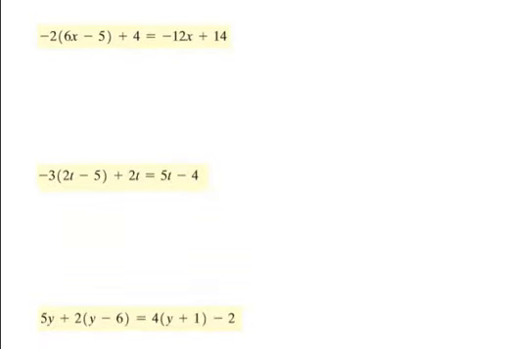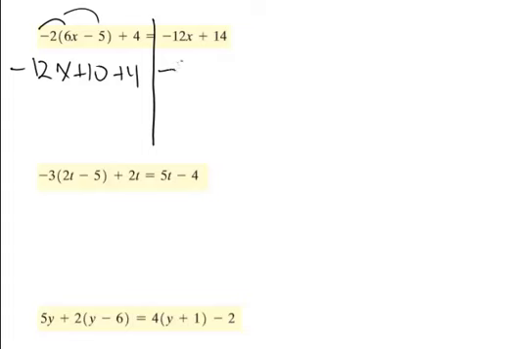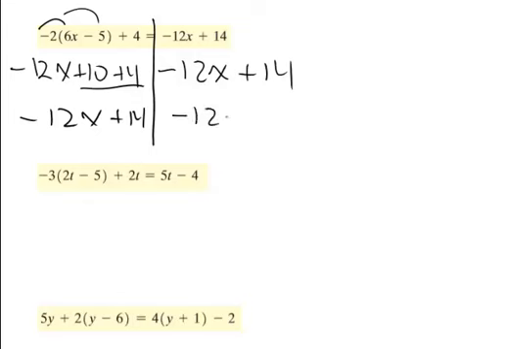Alright, so in my next problem, I'll go ahead and draw my line coming down this way. Let's distribute our negative 2. That is a negative 12x plus 10 plus 4. And there's another negative 12x plus 14.